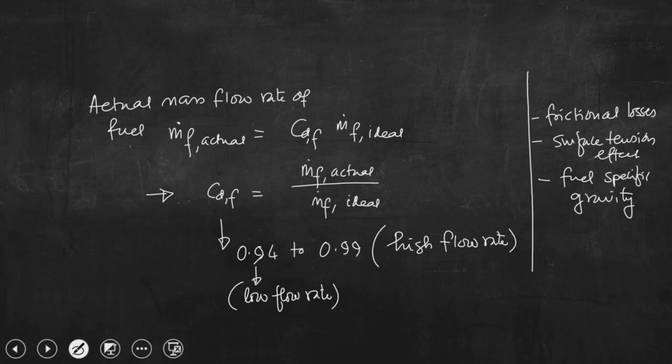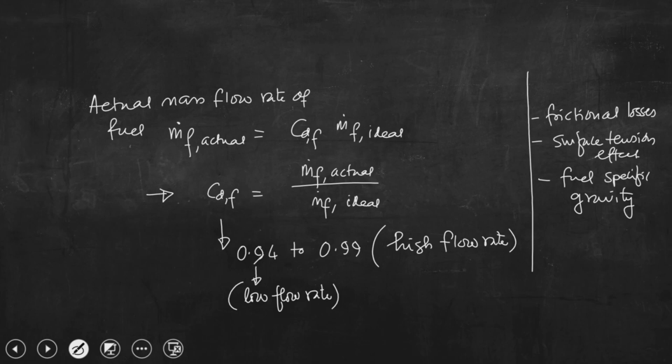All these three factors are the responsible factors for the deviation of the flow, which is there from float chamber to the orifice point, from the ideal flow behavior.